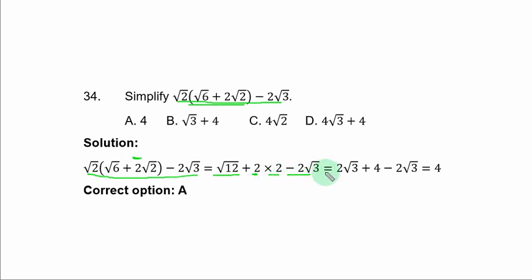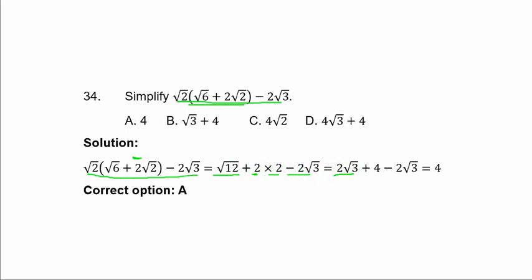If you express this in basic form, there is a perfect square, 4, as a factor of 12. So you express root 12 as root 4 times 3, and root 4 is 2, times root 3.